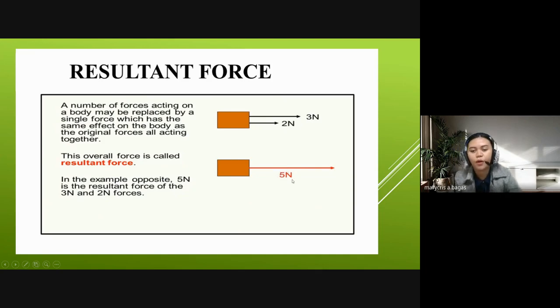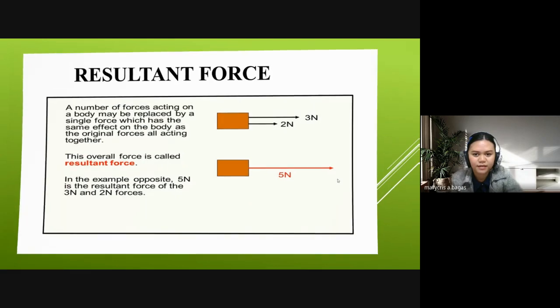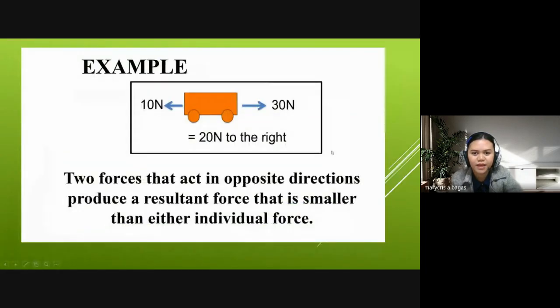Therefore, there are 5 newtons that push or pull the object in one direction only.